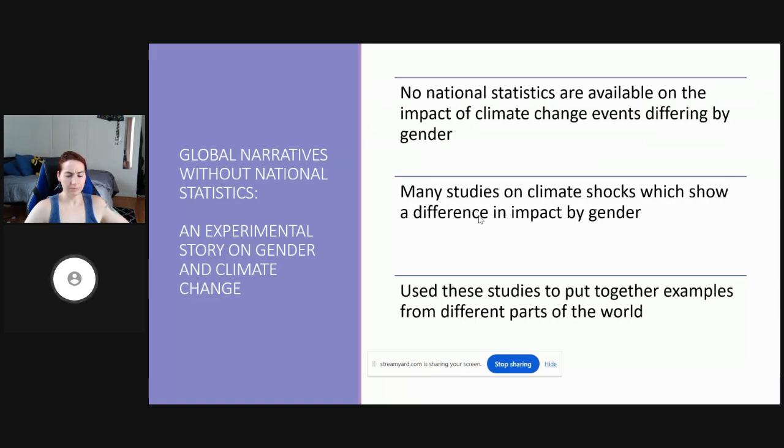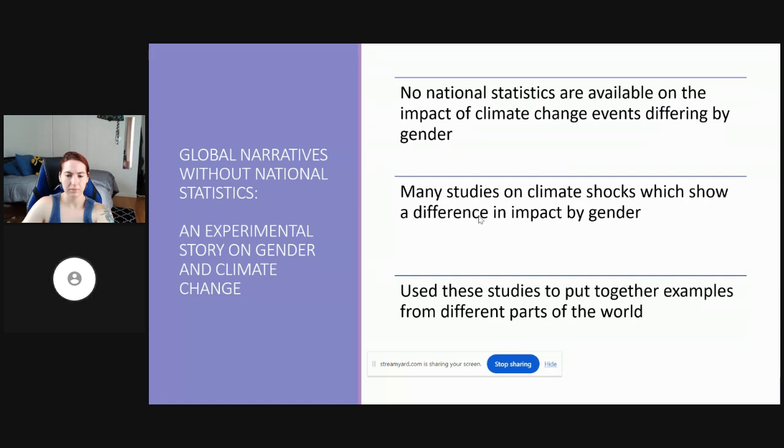One experimental case that we had was doing a story on gender and climate change for the Atlas last year. There were absolutely no national statistics available because it's a new topic. We have only recently started looking at whether there is a differential impact by gender when there is a climate change event or a climate shock.